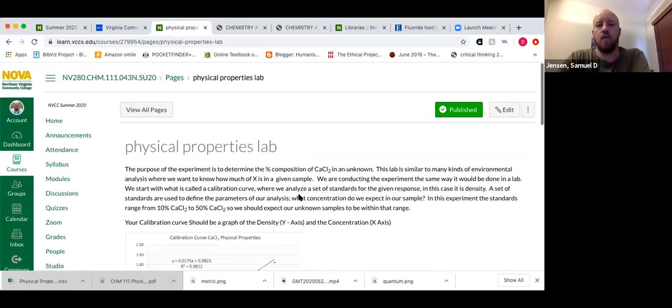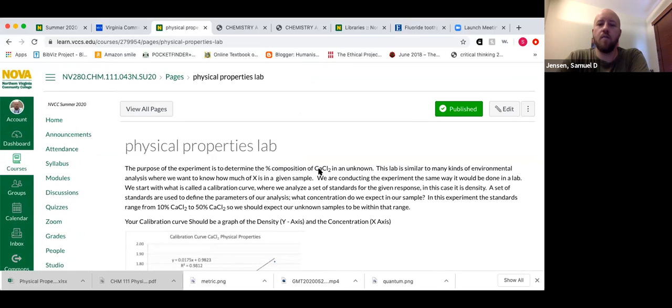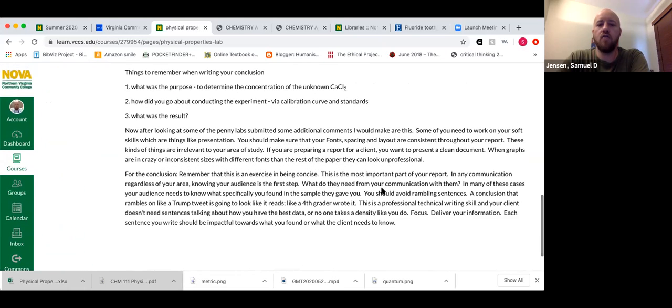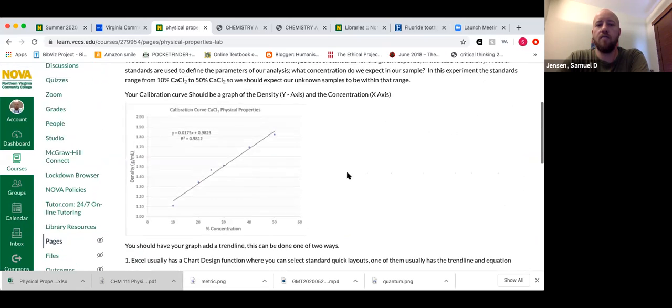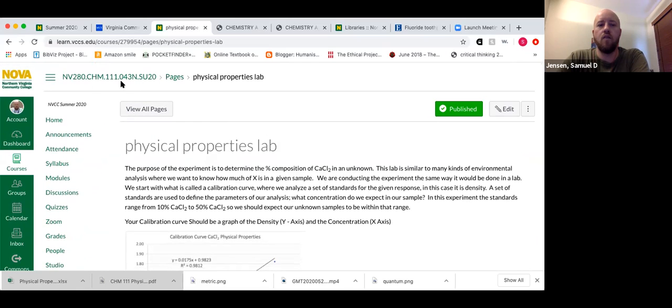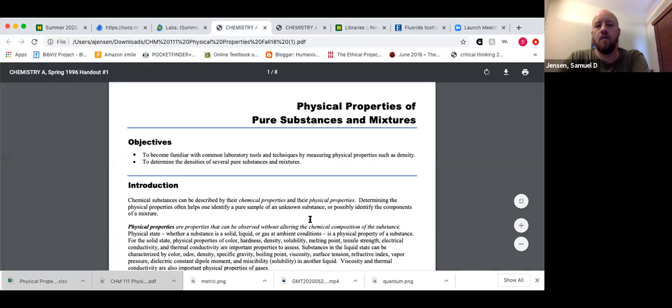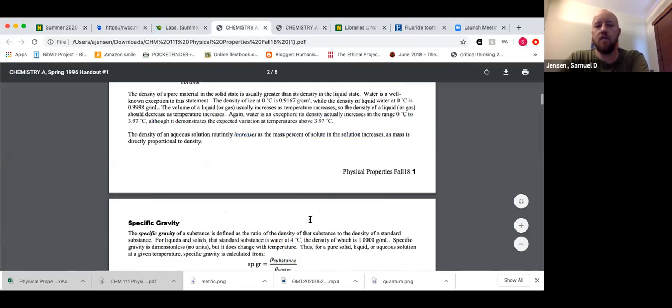So the purpose of this experiment is to determine the percent composition of the calcium chloride unknown. You have this page that goes over this information. You have a PDF that has the procedure.